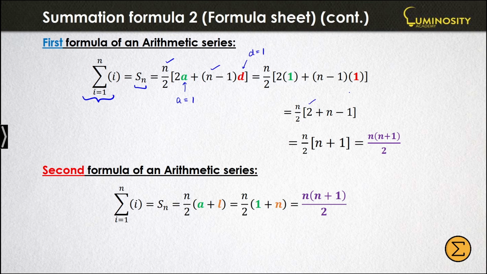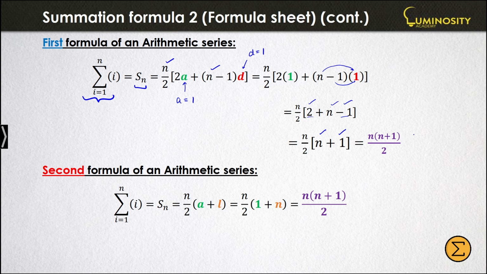Distributing out (n minus 1), n times 1 is just n, and minus 1 times 1 is just minus 1. 2 minus 1 leaves you with 1, plus n. So it's n over 2 times (n plus 1), which can be rewritten as n times (n plus 1) in the numerator, all divided by 2 in the denominator. That is the mathematical proof of why that formula on your formula sheet works.